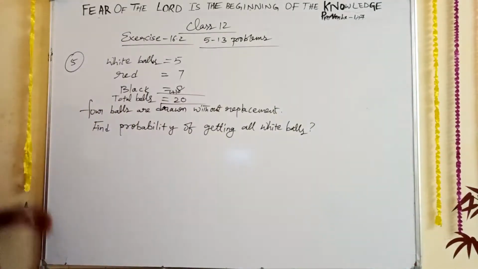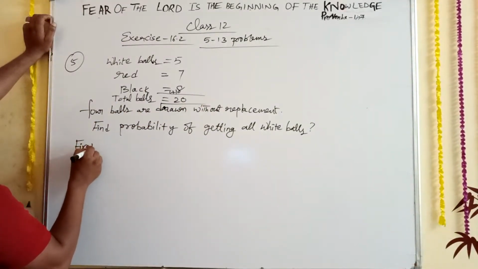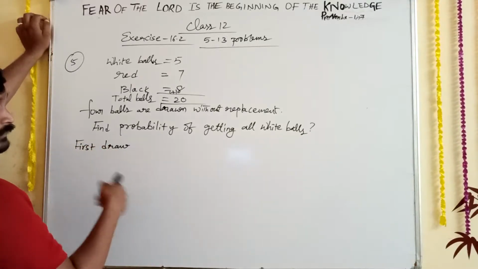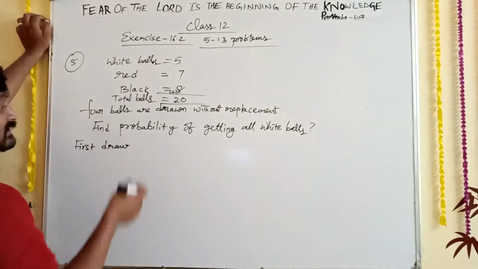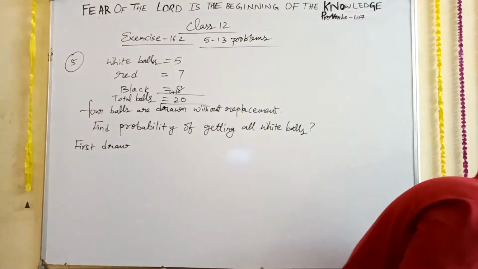Just concentrate. Now in the first draw, what are the favorable and not favorable events that we need to find out?